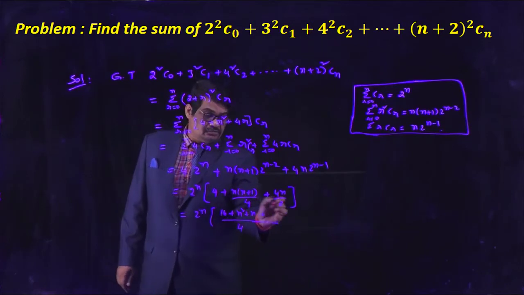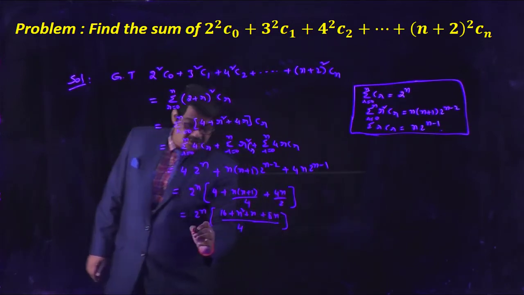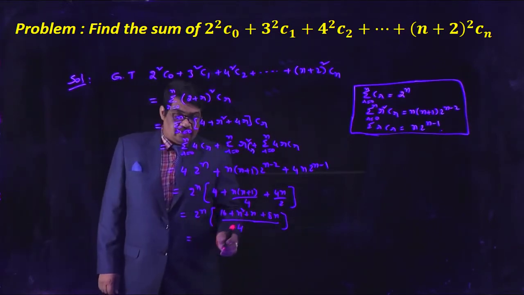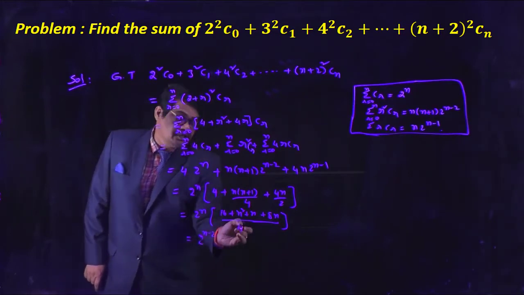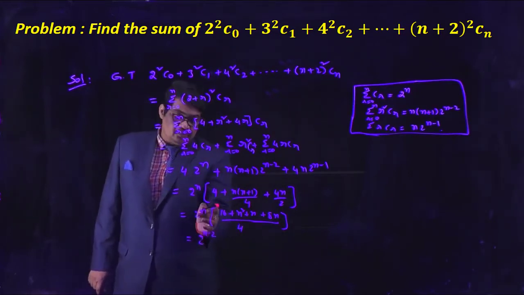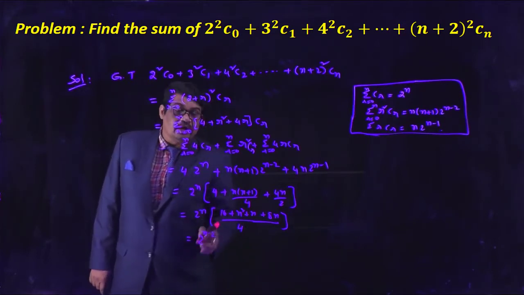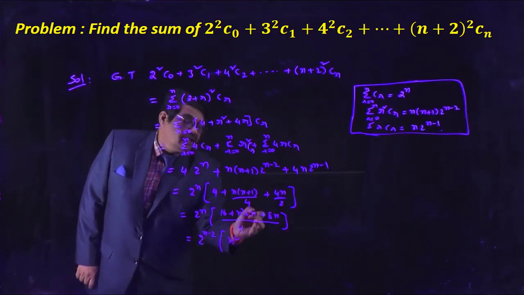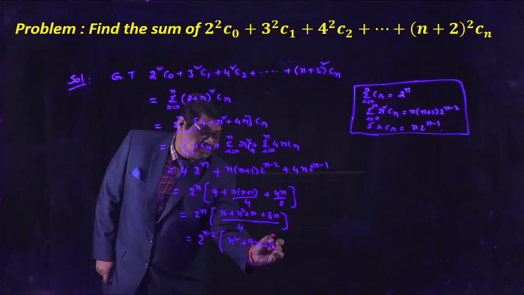that is n square plus n, plus 2 times 2 into 4, that is 8n. Here 4 can be written as 2 square, so 2 power n by 2 square is 2 to the power of n minus 2. Then n square plus n plus 8n is n square plus 9n plus 16.